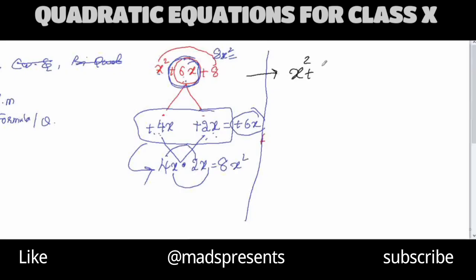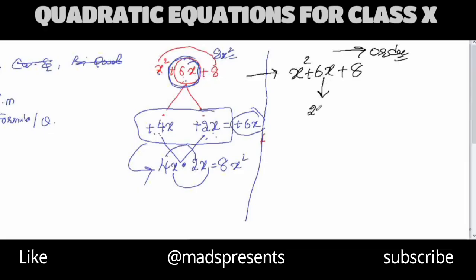Hope you understood. Now take the equation x square plus 6x plus 8 equal to 0. Clearly this is in the x square plus bx plus c format, right? Now what is our method? Splitting the middle term.